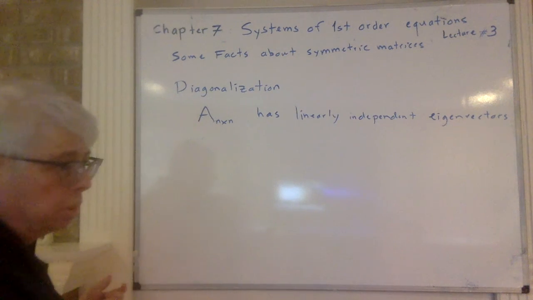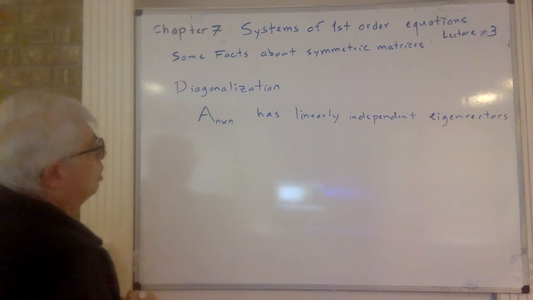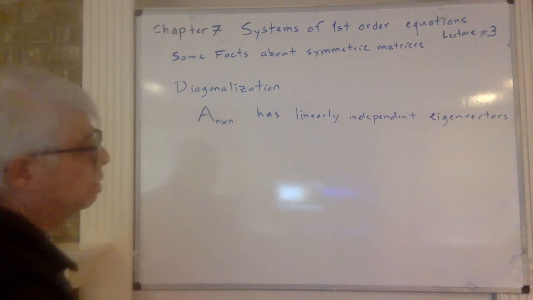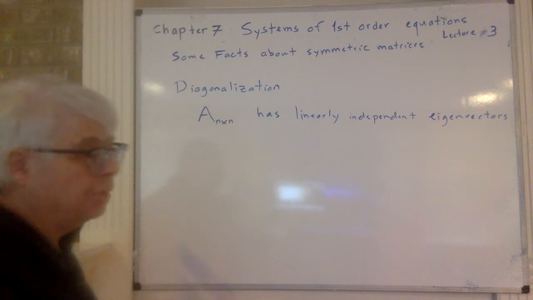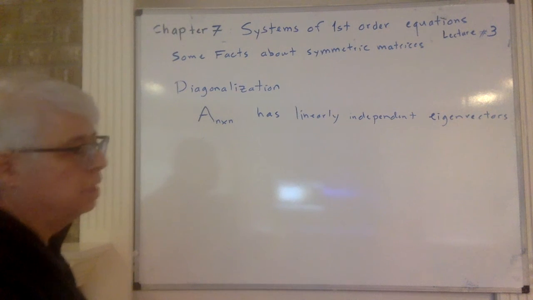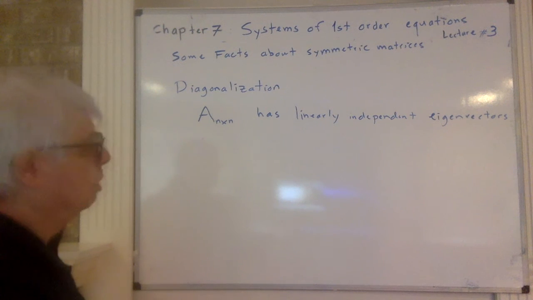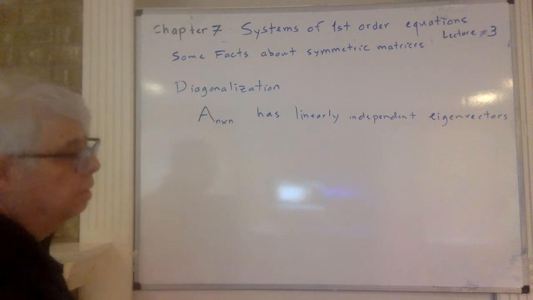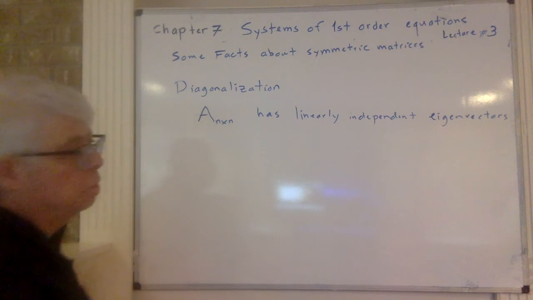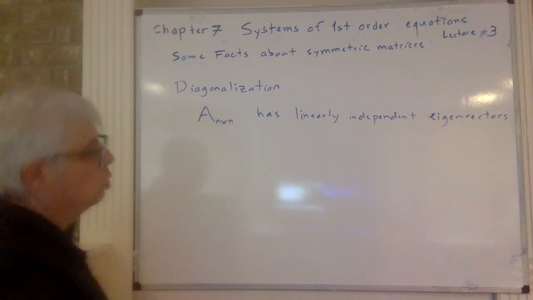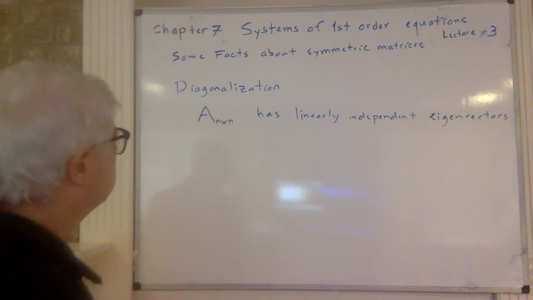And this is not symmetric, I'm just taking any n by n matrix. But I'm assuming that it has linearly independent eigenvectors. You can ask, what does it mean, linearly independent, if they are complex? Well, it's the same thing: a linear combination of them equal to 0 should give me 0 coefficients.